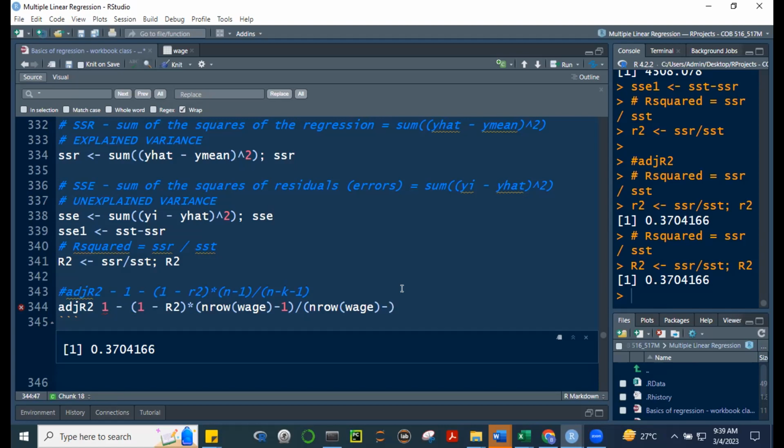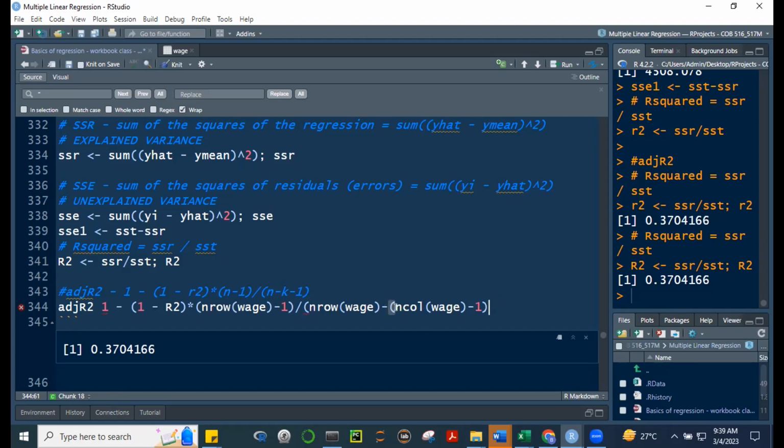But anyway, we can get the N, it's just a bit laborious. Number of columns of wage. Okay? And I have to put this in parentheses because there's a minus 1. Because the number of columns of wage is 8. Right? 8. Only 7 are predictors because hourly wage is not included.